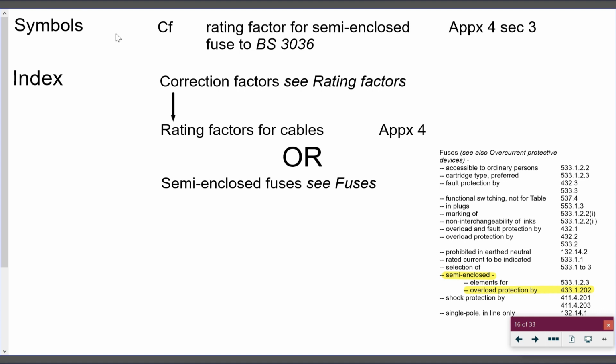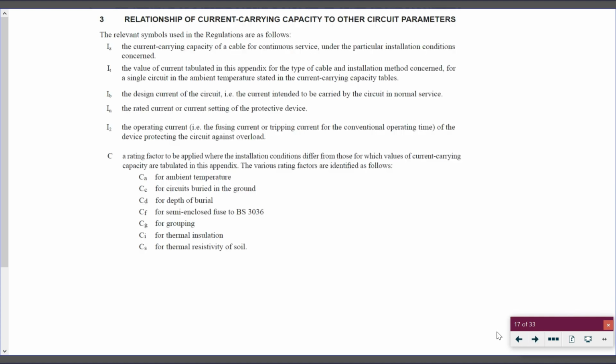Or if we look at the symbol CF, which is the only rating correction factor for fuses, which is for a semi-enclosed fuse, it tells us to look at Appendix 4, Section 3. If we look at Appendix 4, Section 3 first, you'll see that it just gives us the different current values or current symbols that we use in cable sizing and the correction factors there as well.